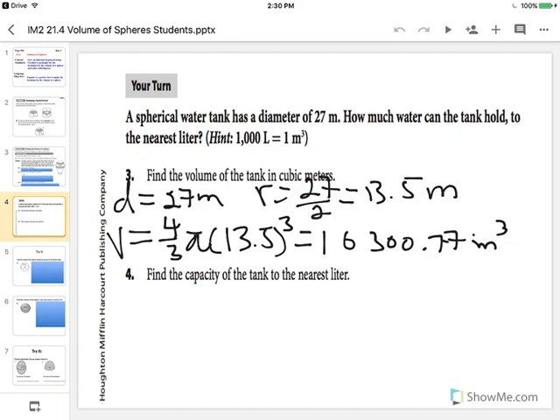Now we want to convert this into liters, so 1,000 liters over 1 cubic meter.